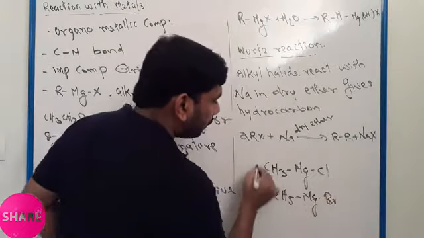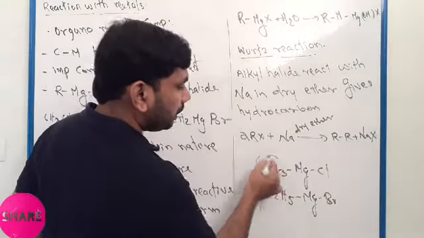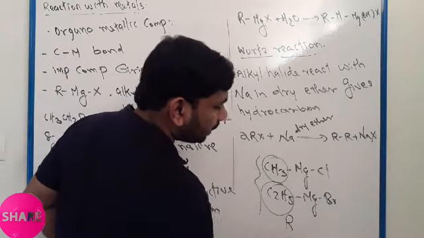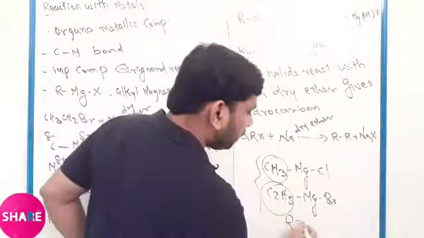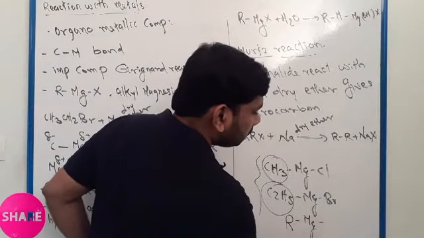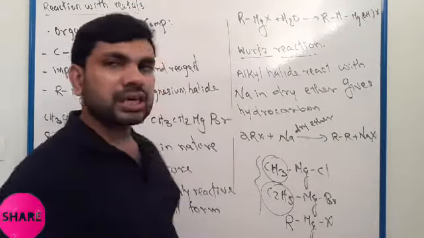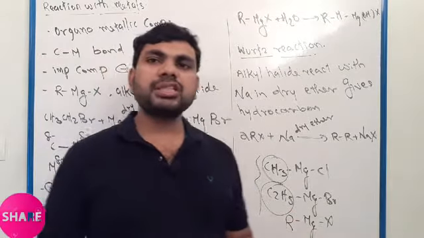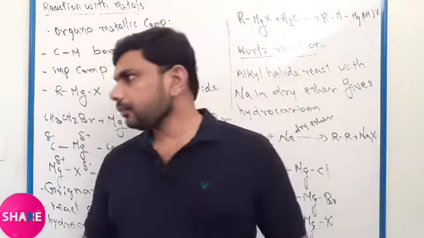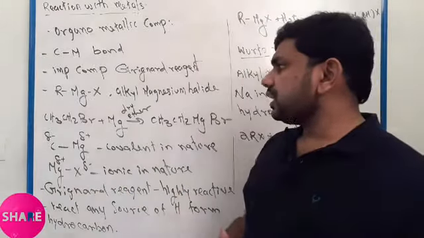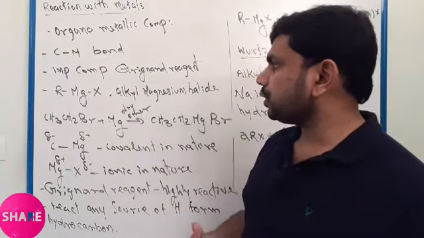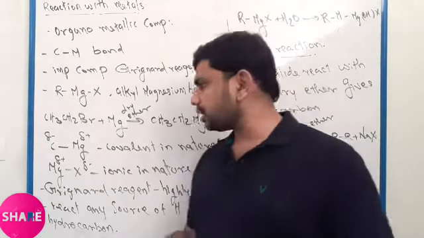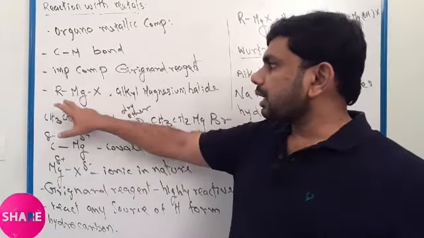These types of compounds are Grignard reagents. Here CH3 and C2H5 represent the alkyl group R, then there is magnesium, then halogen. So generally we can say Grignard reagent is RMgX. Clear?